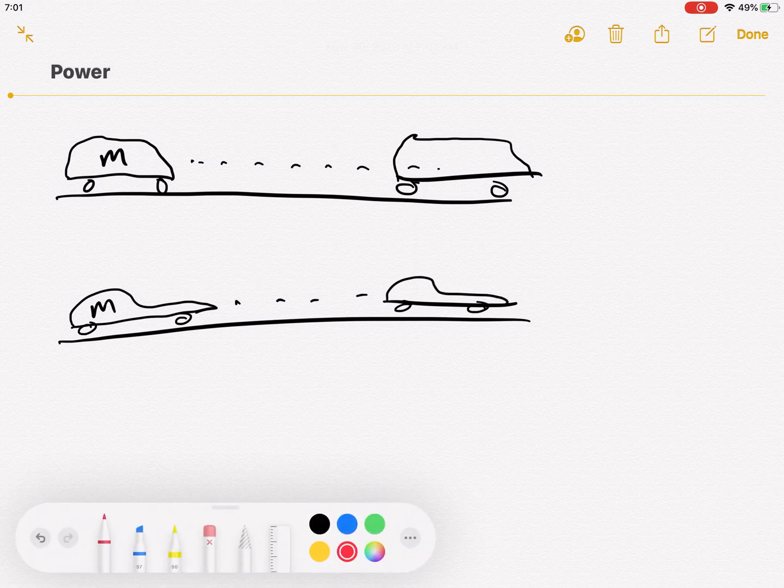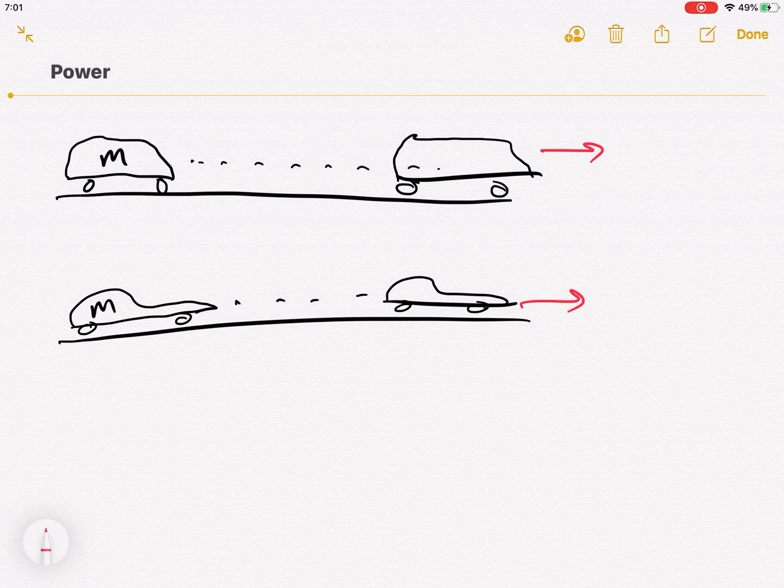So I've got a V final here of 60 miles per hour and a V final here of also 60 miles per hour. And the question is, which one has more energy at the end of this motion?